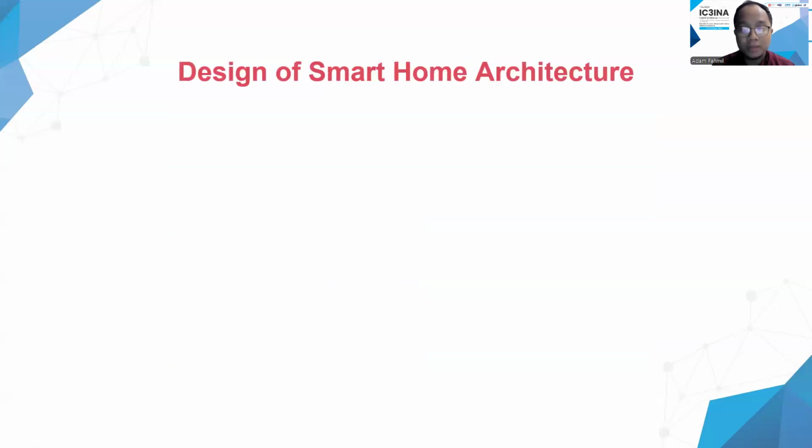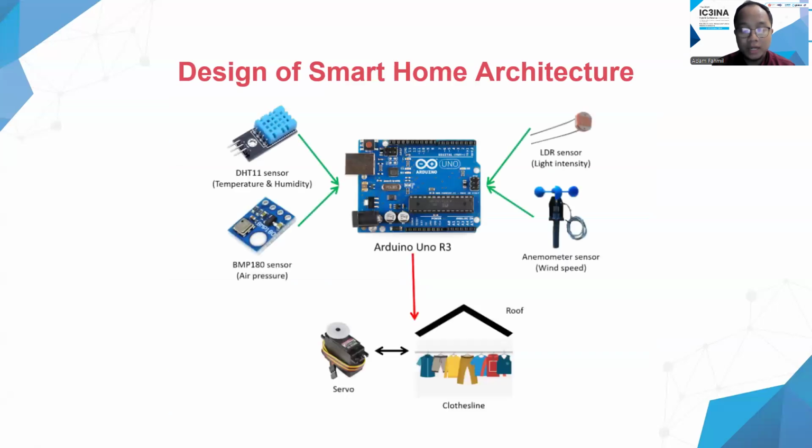For the design of smart home architecture, there are 4 devices, but these devices can get the 5 parameters. For the DHT11 sensor, we got the temperature and humidity, and to check the air pressure we use the BMP 180 sensor, and to check the wind speed we use anemometer sensor, and to check the light intensity we use the LDR sensor.